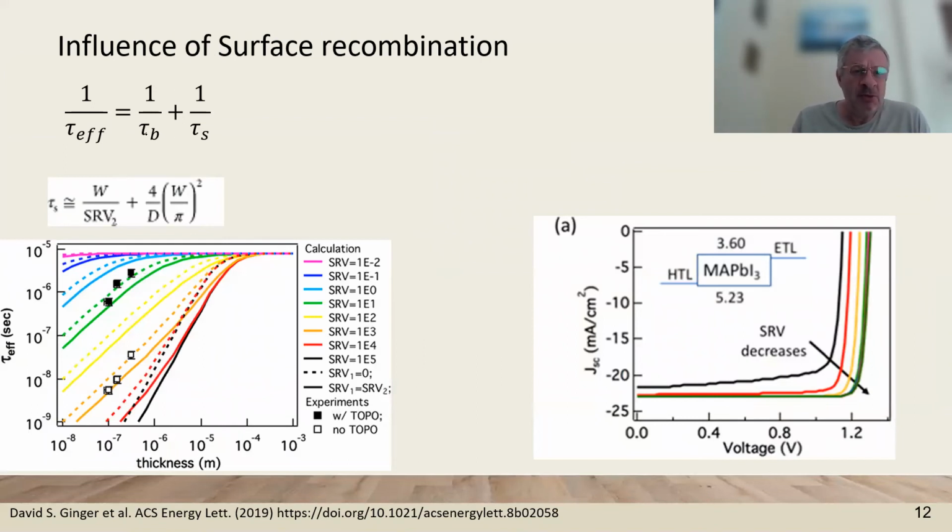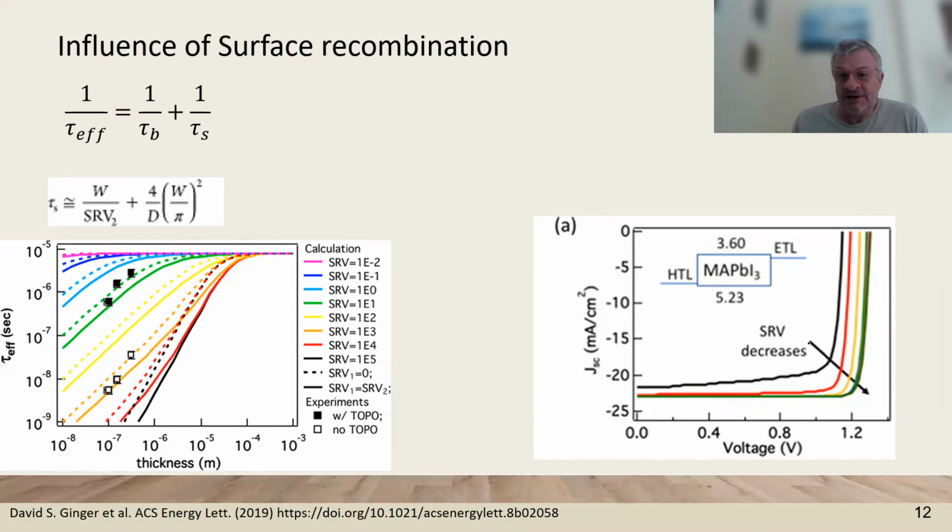So we have the bulk lifetime and the effective lifetime at the surface, and this is related to the surface recombination velocity. The larger the surface recombination velocity, the shorter will be the lifetime at the surface. And this is a simulation of how the effective lifetime is decreasing by the impact of the surface recombination velocity that also depends on thickness because the carriers have a component of diffusion to the surface.